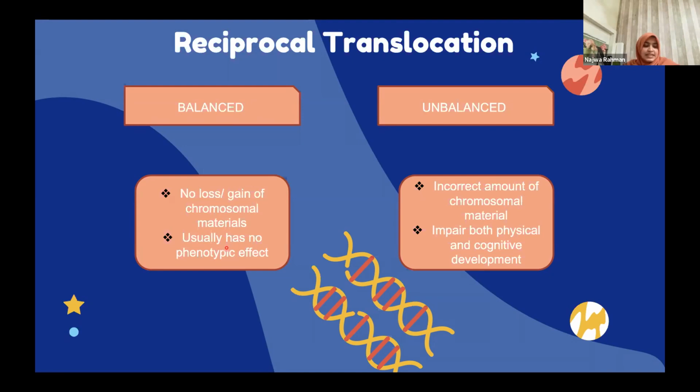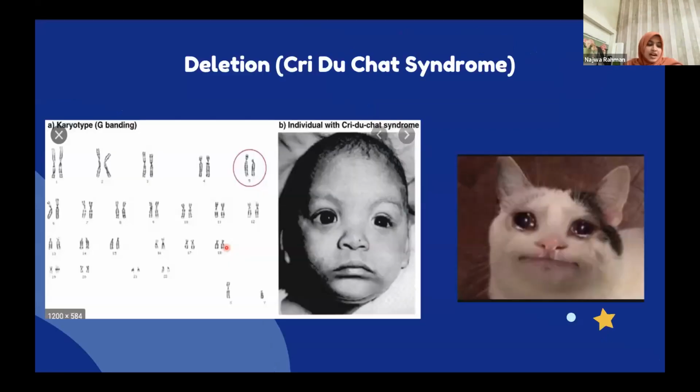The next one is deletions. Deletions are another type of structural abnormality where there is loss of part of a chromosome, usually resulting in physical abnormalities and cognitive impairment. One example of a syndrome with deletion is Cri-du-Chat syndrome.